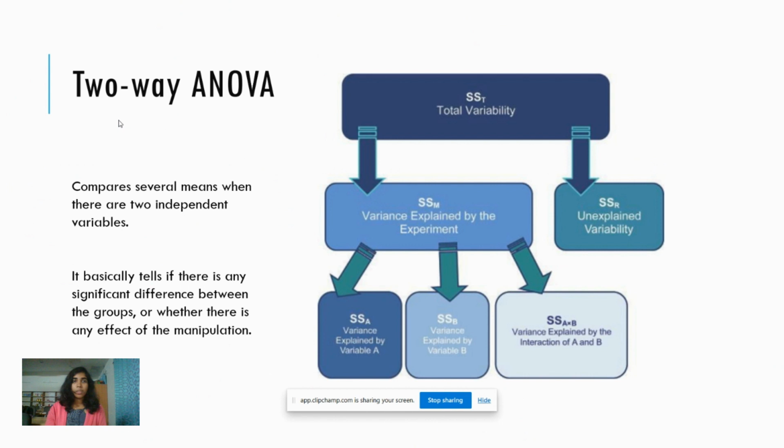Two-way ANOVA will have two independent variables, so there is a possibility of a main effect of the first variable and also the effect of the second variable. And we also check for the interaction between these two variables. This is how the systematic variance is explained in two-way ANOVA, and our results will be in terms of the main effect of each individual independent variable and then the interaction effect of those two independent variables.